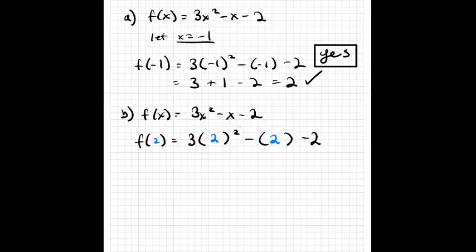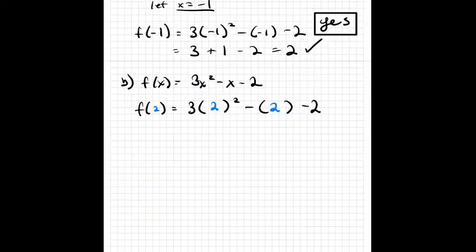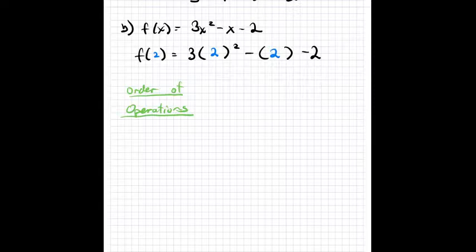The order in which we execute this arithmetic affects the outcome, so there's an order of priority. I learned it as PEMDAS LR: please excuse my dear Aunt Sally's last request.